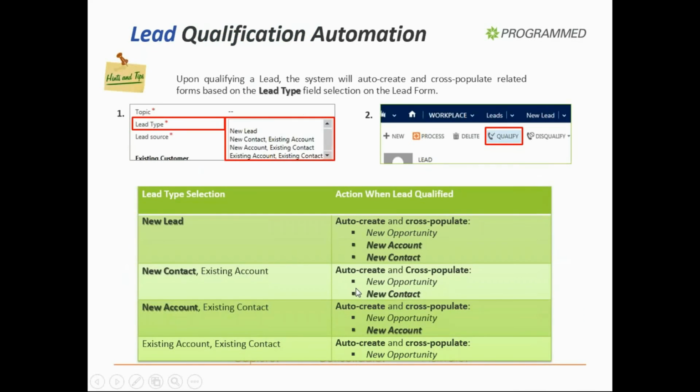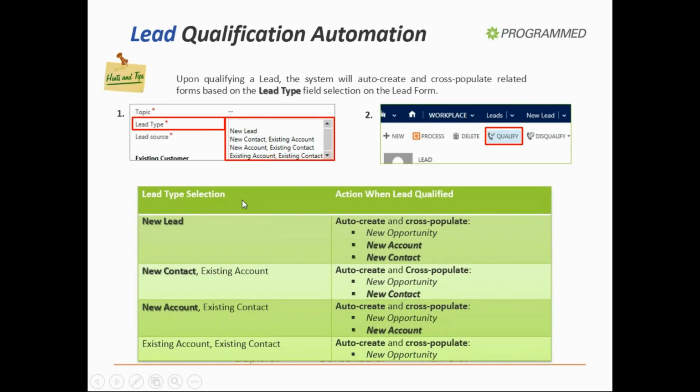I'm not going to go through all of that, but I'm going to stress again here, with regards to that lead type selection, the reason why we're stressing so heavily about selecting the right type is because there is some automation in play here when you qualify the lead. The great thing about the system is that based on what you select here, when you qualify the lead, it will automatically create the respective records.